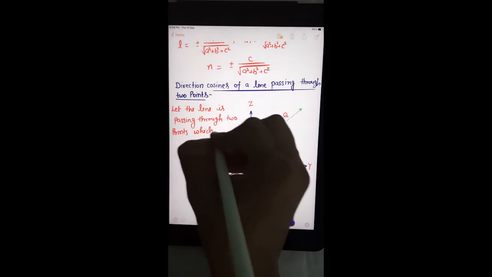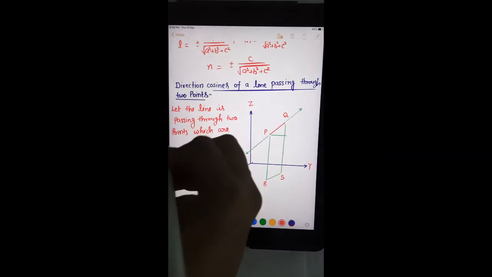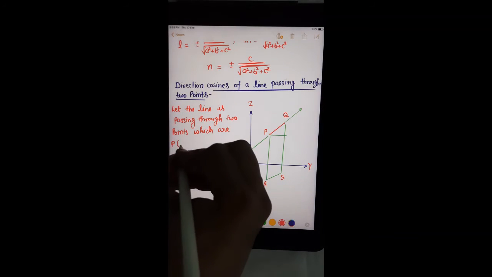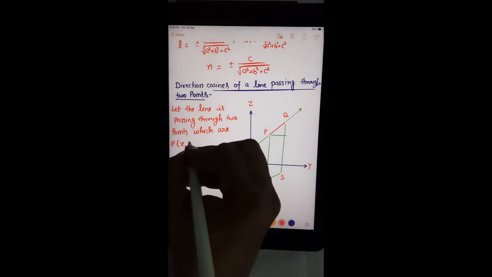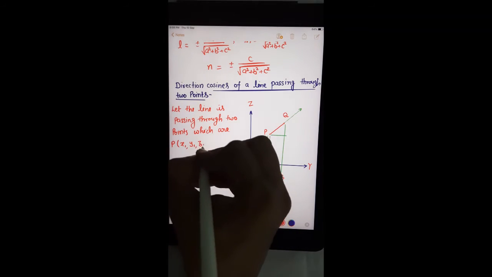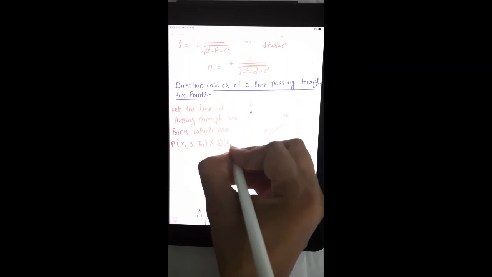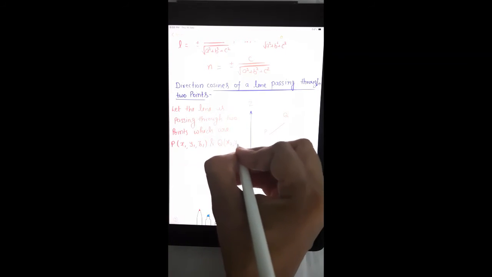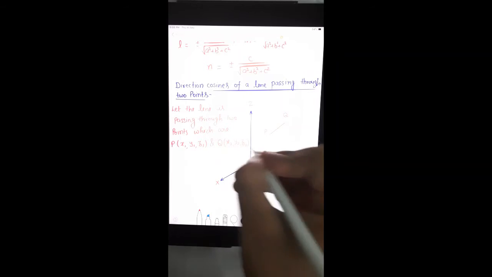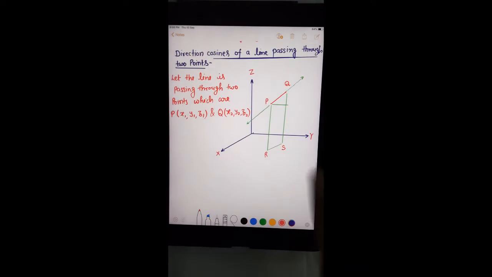One point is P, let its coordinates be x1, y1, z1, and the other point is Q, its coordinates are x2, y2, and z2. Then what will be the direction cosines of this line?